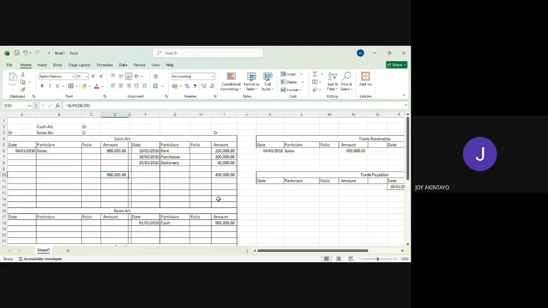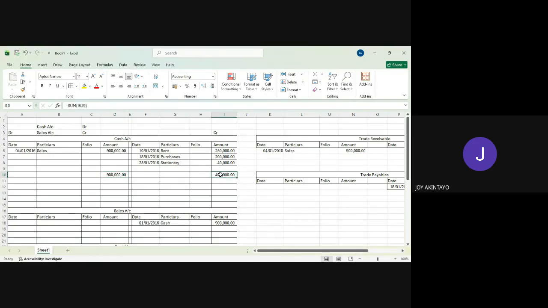The debit side shows 900. The credit side shows how much? 490. So 490,000. We need to make this total the same value.